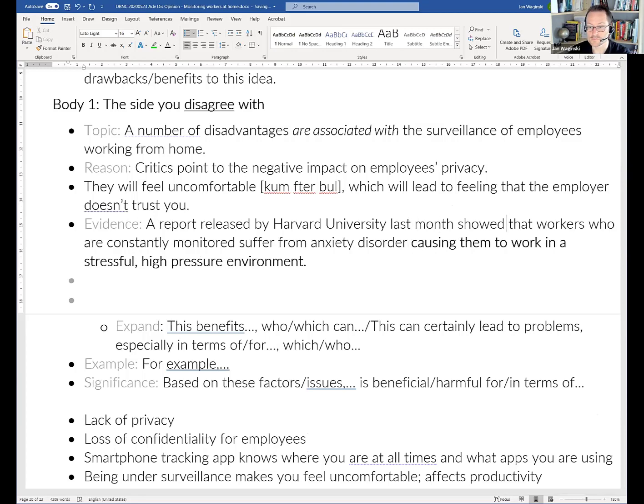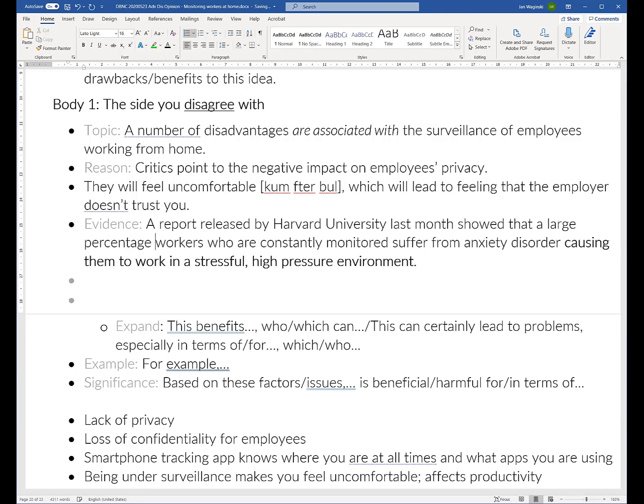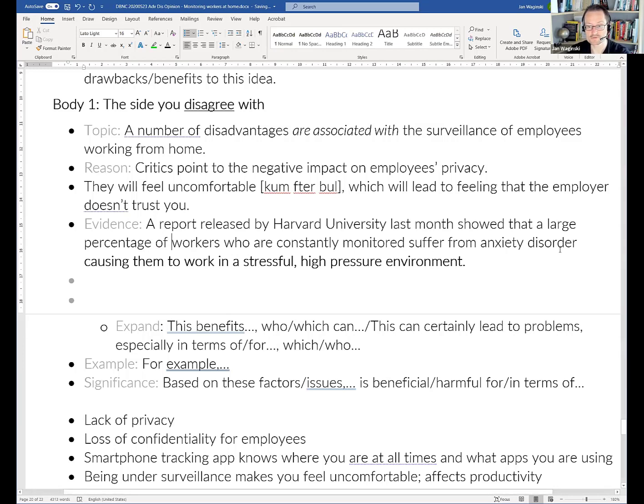Showed that what percent of workers? A large percentage of workers who constantly suffer from anxiety disorders. Maybe 40%. You can make up whatever you want.